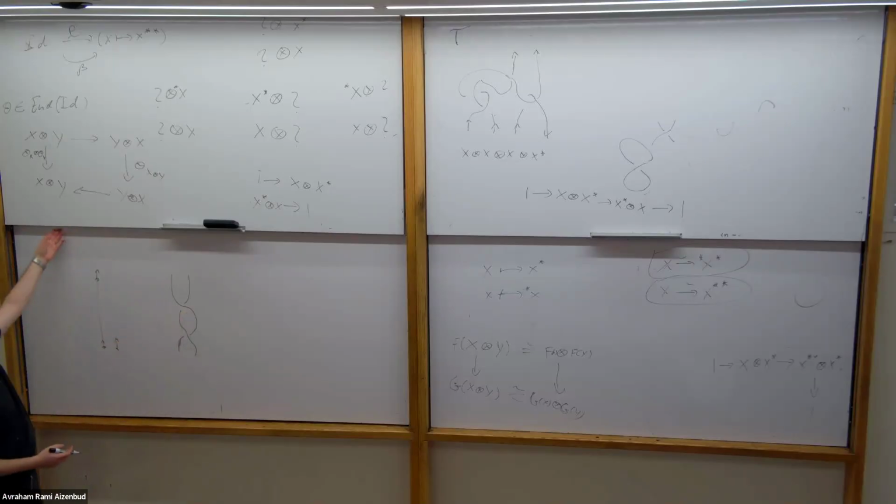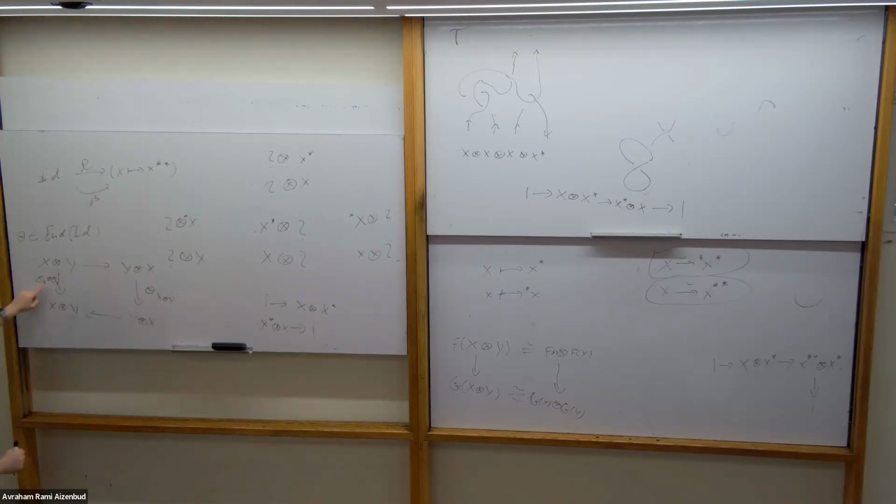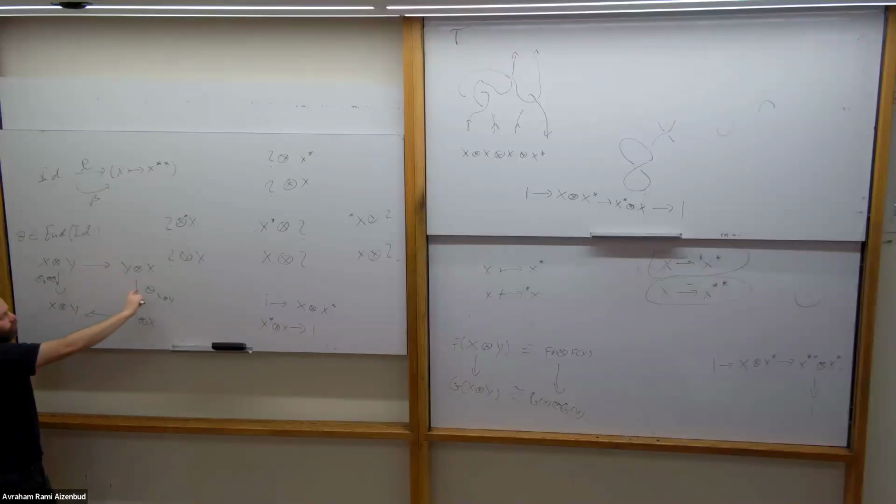So if this is identity, and the x and x are now the same as the trivial object, then this is identity and this is identity, and this is a twist. And now you want to go here such that the diagram will be commutative. So if this is identity, you get twice a twist, so here you have to do twice a braiding to the other side. So okay, up to a sign.